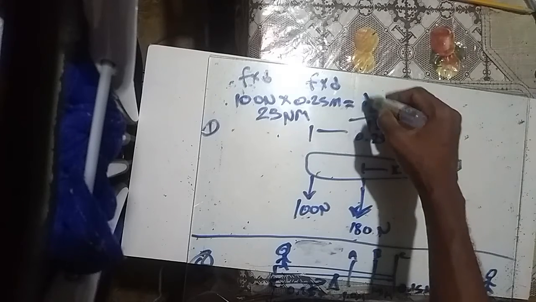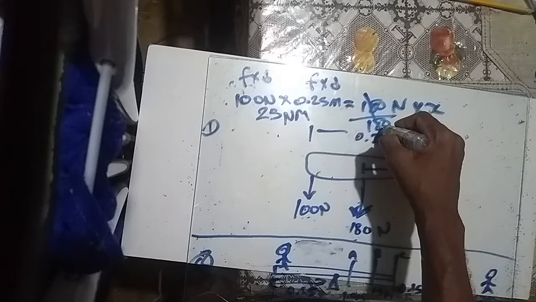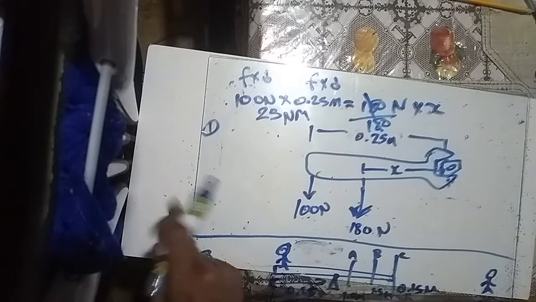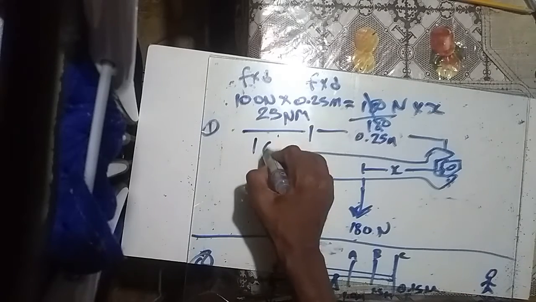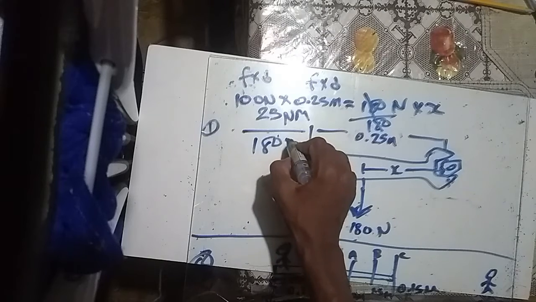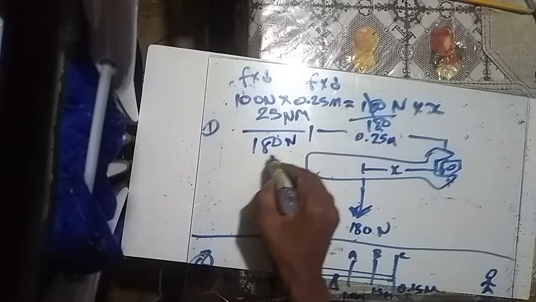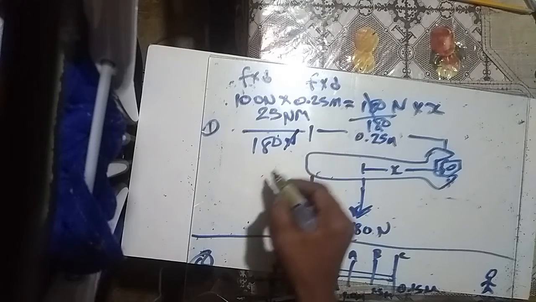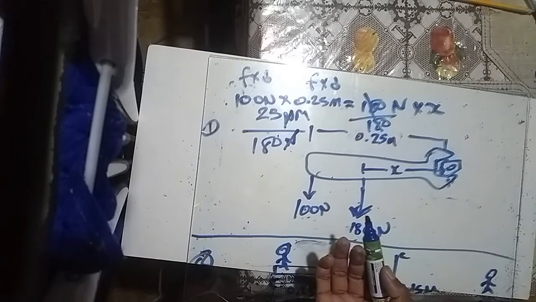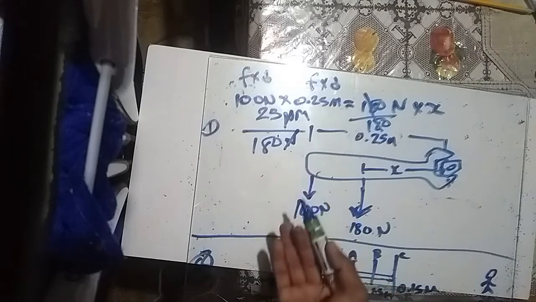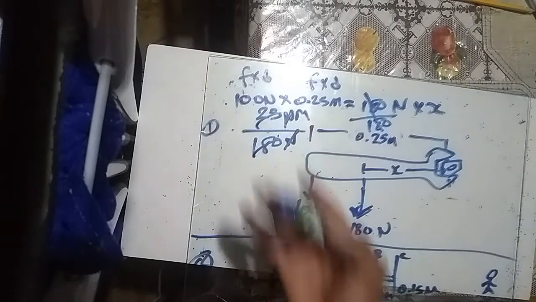So 180 cancels 180, and I come over here and do the same thing again: 25 divided by 180. The newton cancels the newton, and 25 divided by 180 is equal to 0.1 meter.